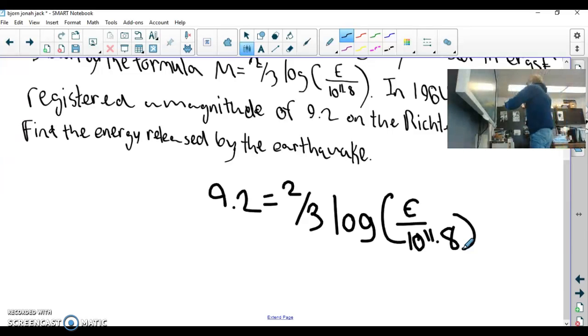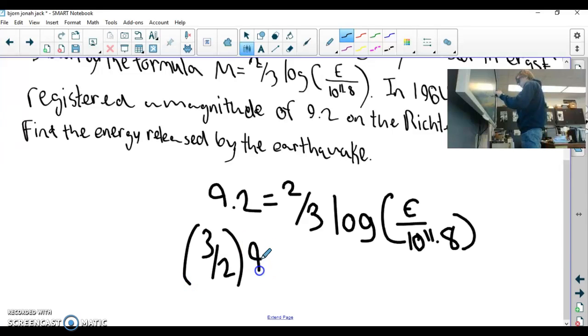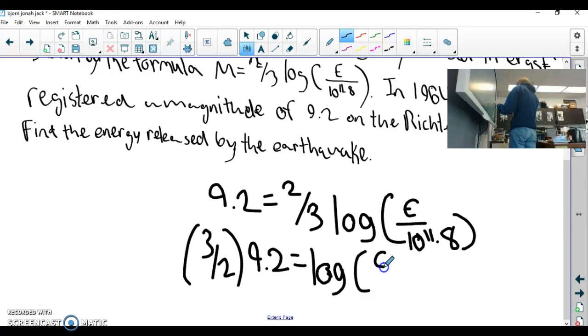So that would be 3 over 2 times 9.2 equals log E over 10 to the 11.8.